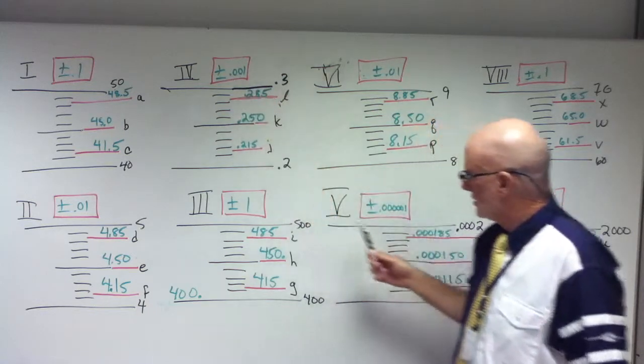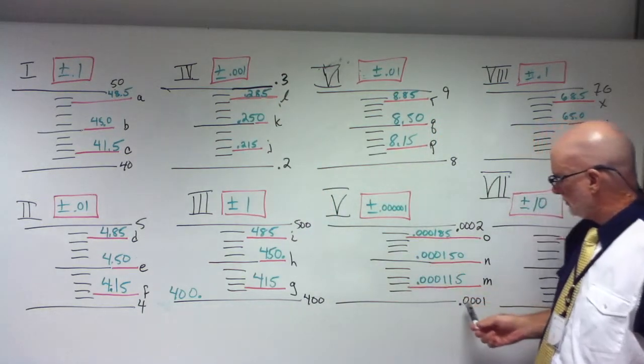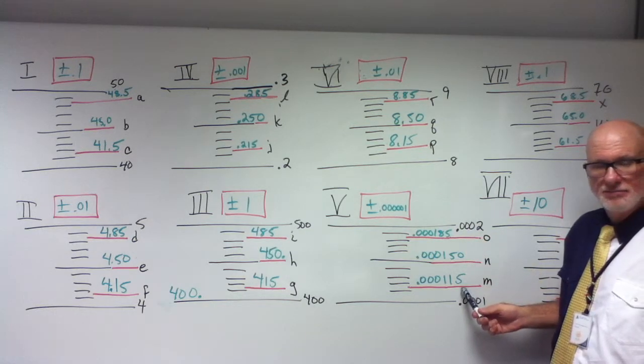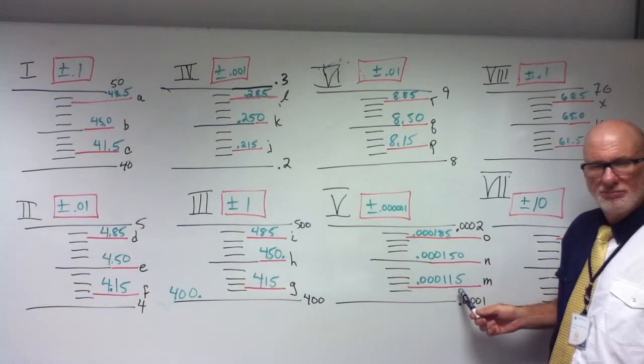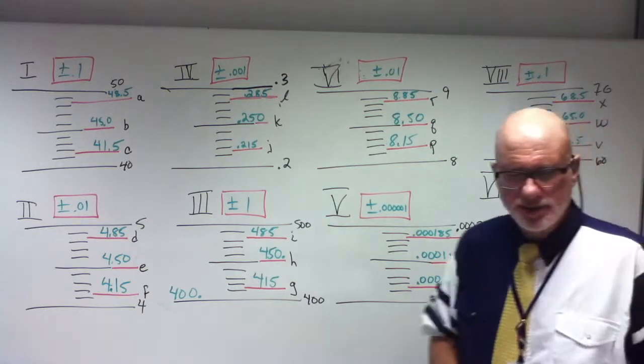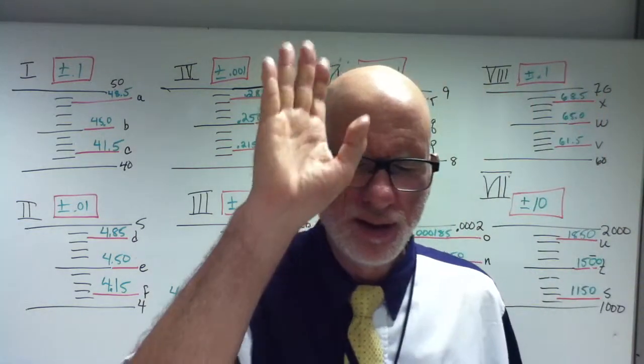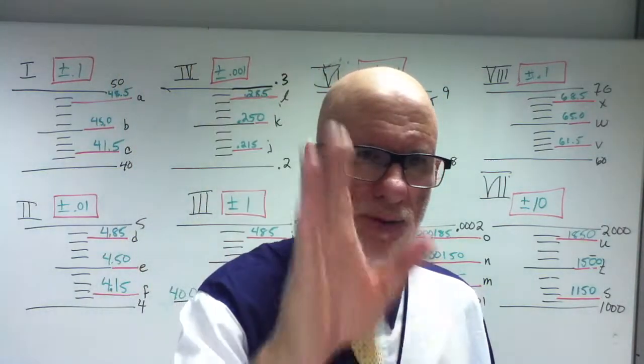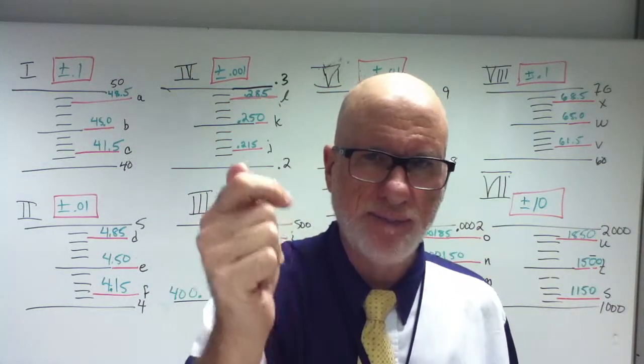So this is going to be tenths, thousandths. This is going to be 10,000ths. Wait, I can do this. Well, hold it. You count. I'm going to start with ones, and then I'm going to do the graduation. You tell me when to stop. You ready?